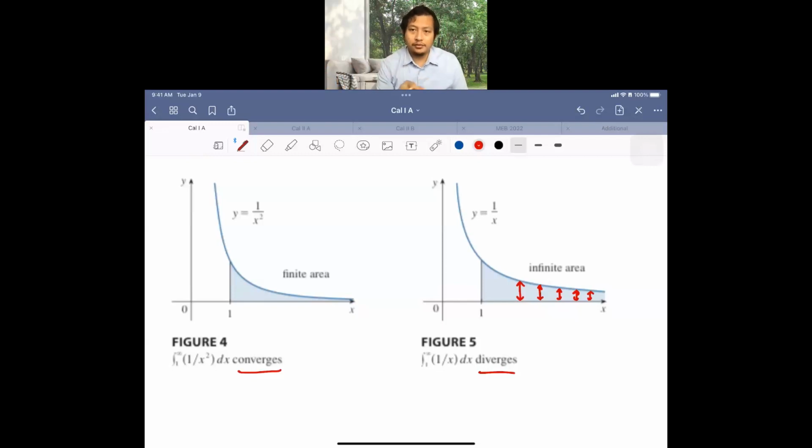And so by these two examples, we could take some general theorem for these infinite intervals.